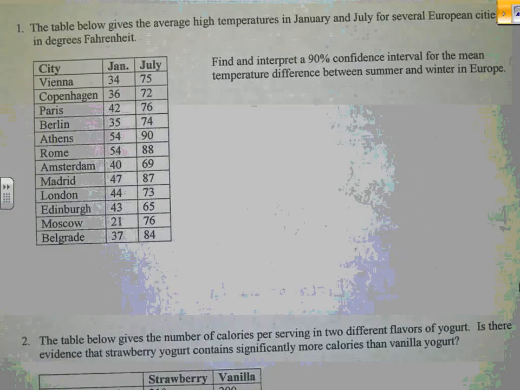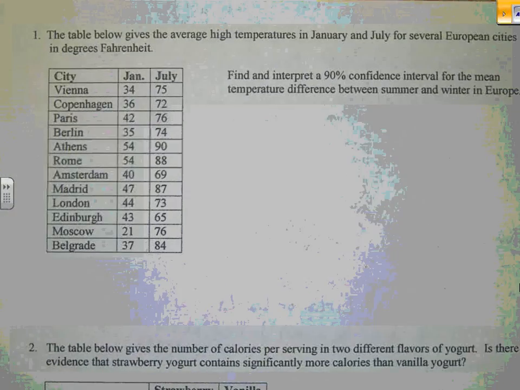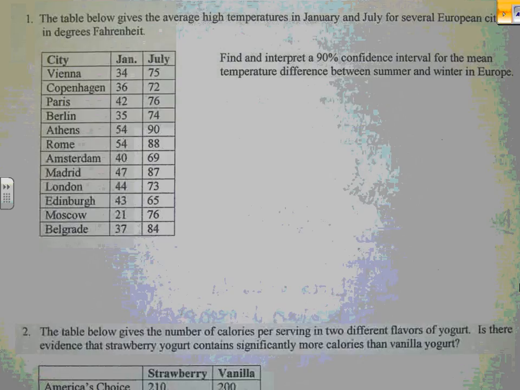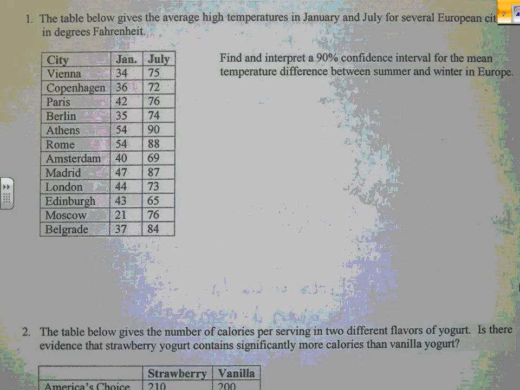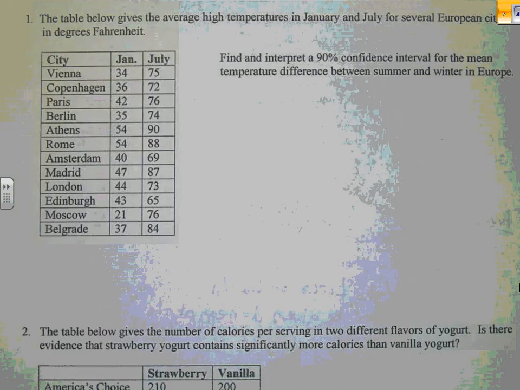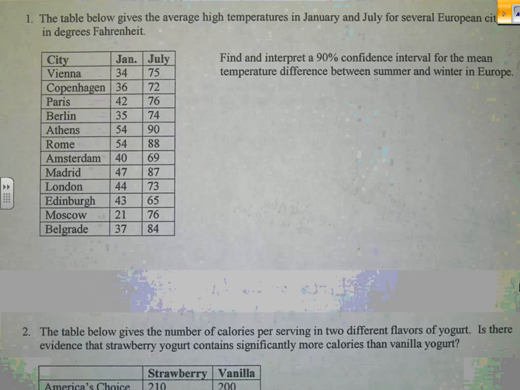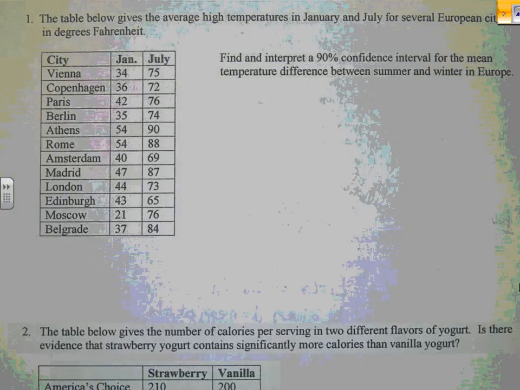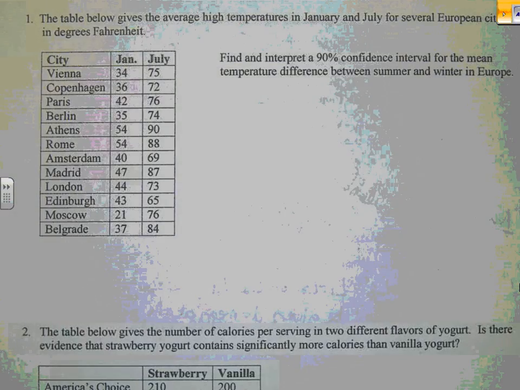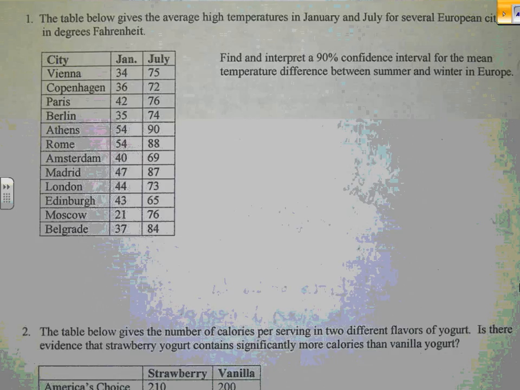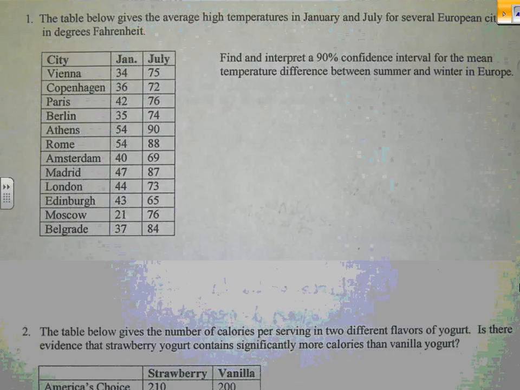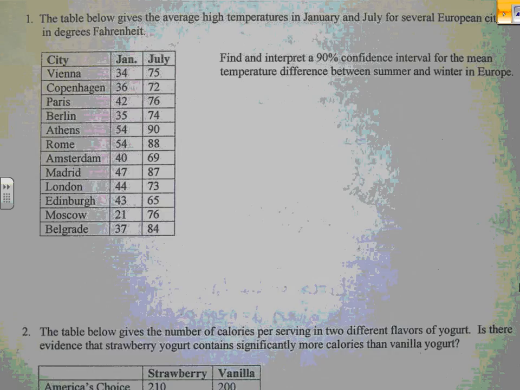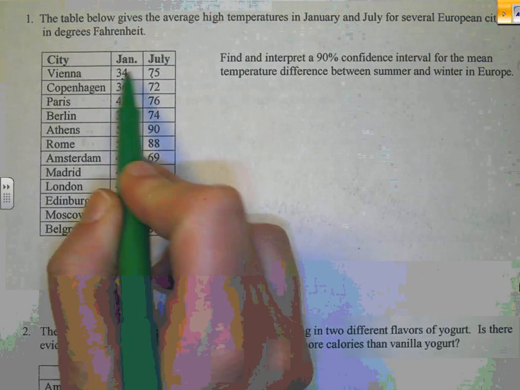Okay, so let me show you how to know before we even read the problem. If you're looking at some data and you don't know if it's a paired samples or 2 samples, the easiest way to know is, is it important what numbers go together? So if I'm looking at this example and I didn't know it was in chapter 25, it was on a test and I don't know what I'm supposed to do. It says the table gives the average high temperatures in January and July for several European cities. If it's a paired test, then these two numbers have to go together.